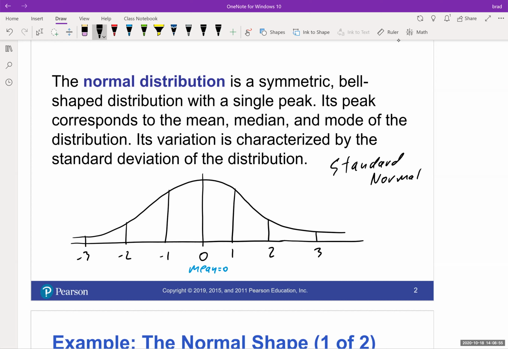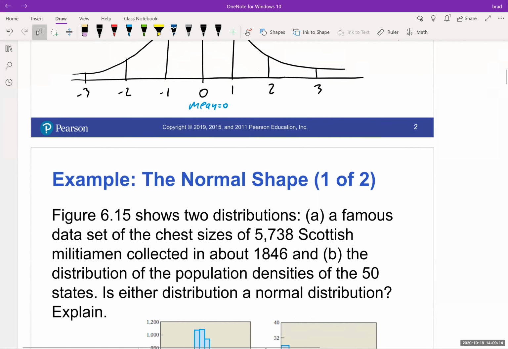And these are standard deviations. This is how far we are from the mean. So in general, standard deviation talks about the idea of relative standing to the mean. It's something that we're going to talk about in this section quite a bit, okay?